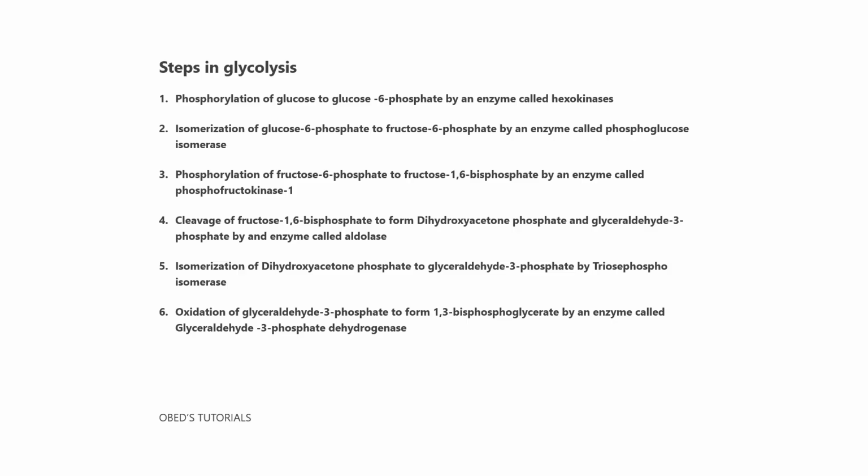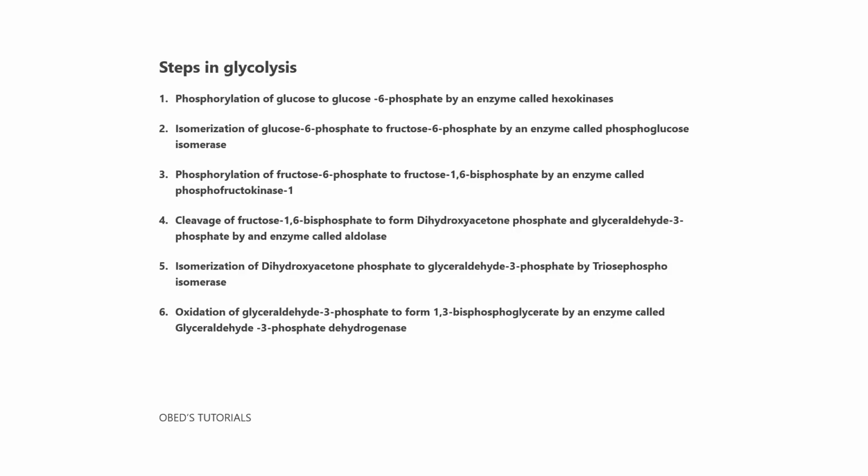The first step is a committed step, and then the third step is also a committed step. But the third step is the main committed step, meaning that it is the main thing that would determine the occurrence of glycolysis in the body.